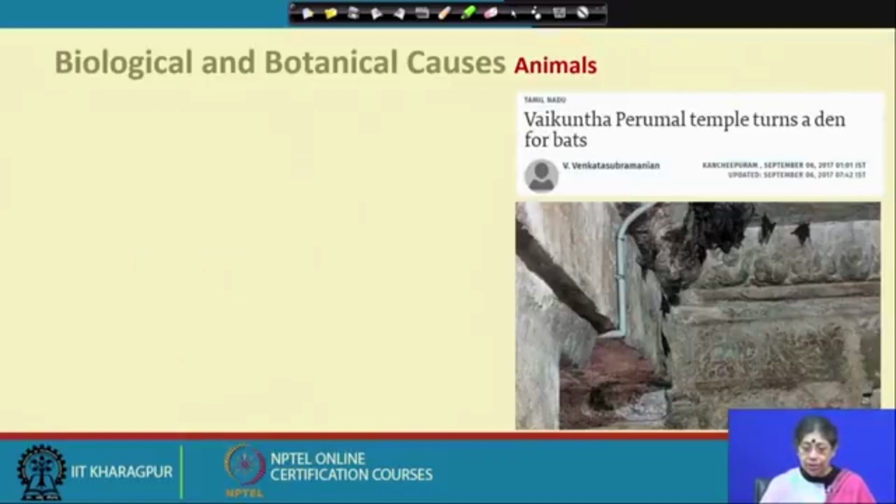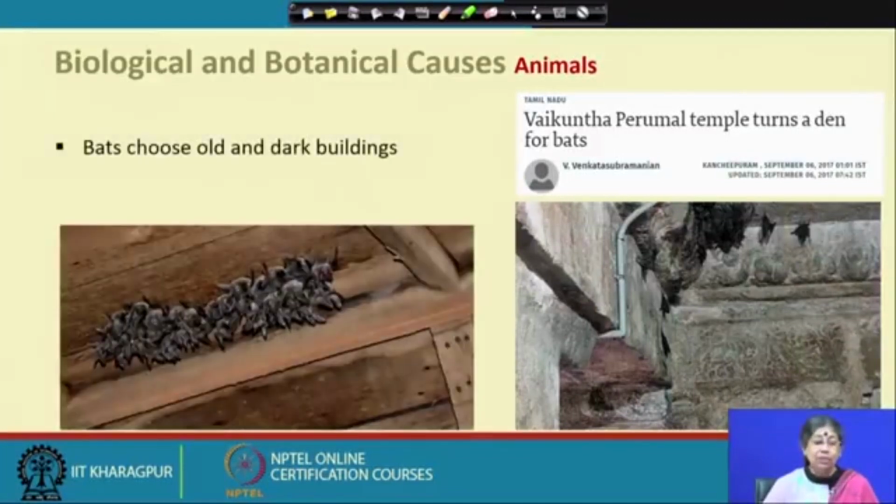This is an example of Kanchipuram, where you can see a newspaper cutting where the Bhoganthu Perumal temple turns into a den for bats. Bats are another type of element which favor the historic structure. Why? Because they generally choose old and dark buildings, as you can see, and they have their nesting or habitat pattern.